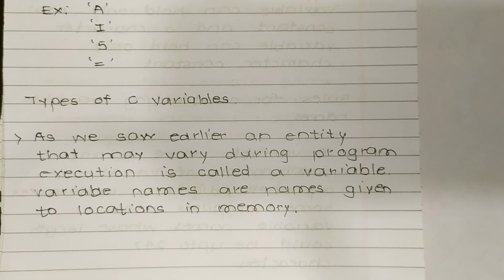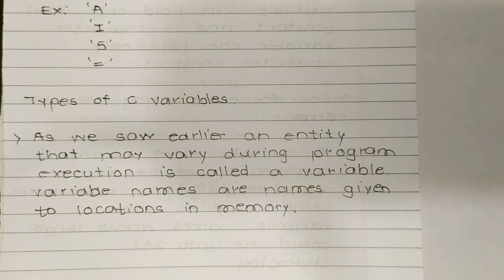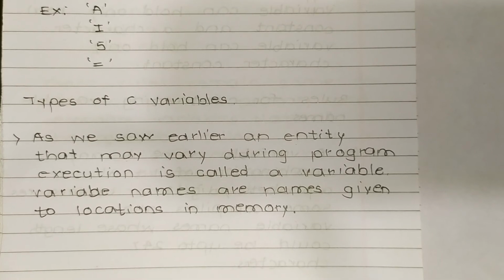Types of C variables. There are various types of C variables. As we saw earlier, an entity that may vary during program execution is called a variable. Variable names are names given to locations in memory.